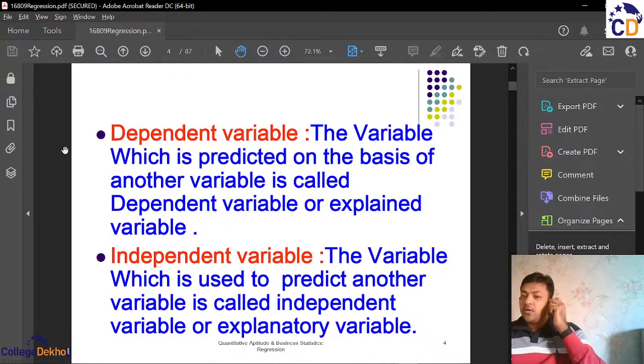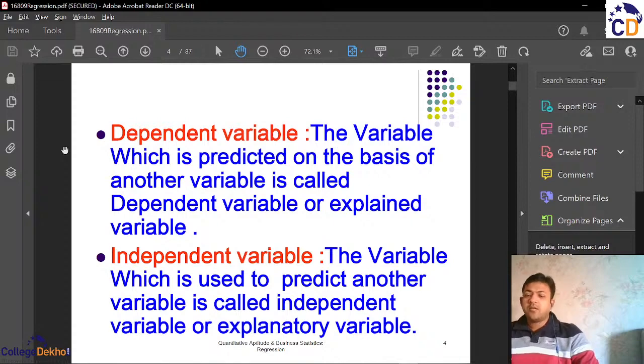Now, doing this, there will be two variables. First will be the dependent variable and the second would be the independent variable. Suppose we are given an equation y equal to 2x plus 3. In this equation, if x is the independent variable, then y is the dependent variable, which basically means we can get the value of y on putting in the value of x.